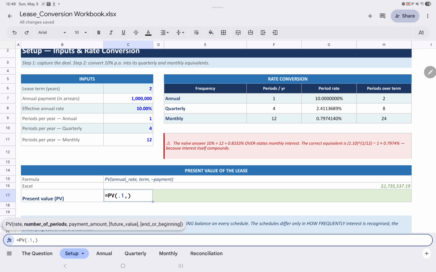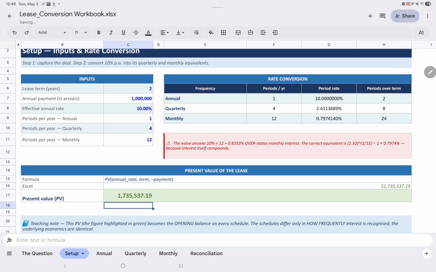We need the number of periods. For 2 years is 2. Then the payment is minus 1 million, and then you close the bracket. Mostly the PV calculates automatically for in arrears. In advance, there's a way to do it. Okay, that is the amount, our present or initial lease liability.